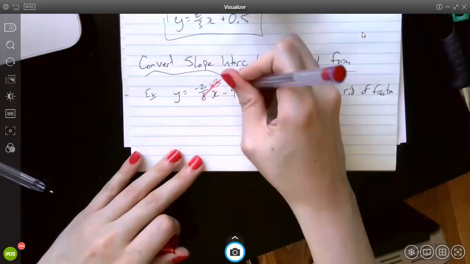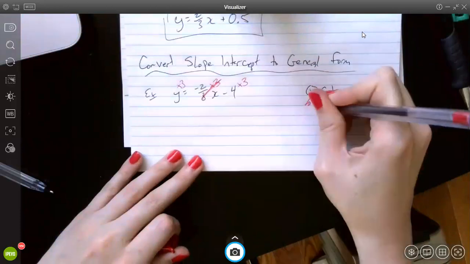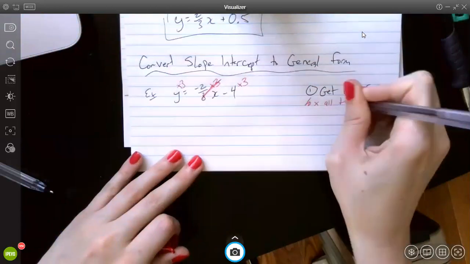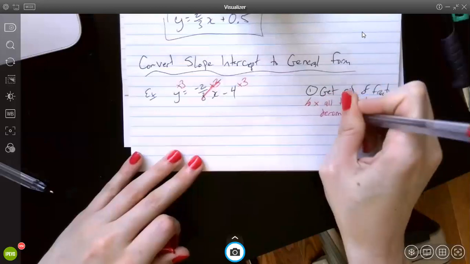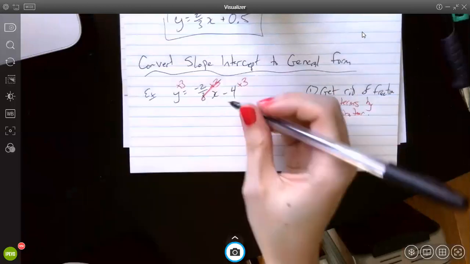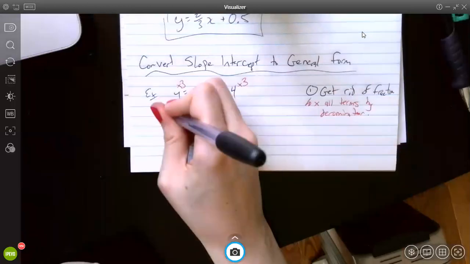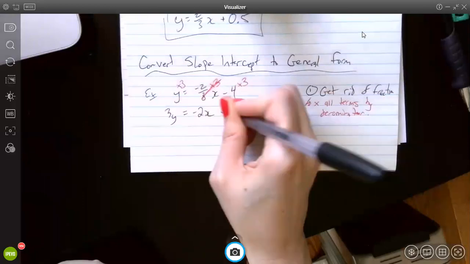So times 3 times 3. So when I'm doing that, I have to multiply all terms by the denominator. That leaves me with 3y equals negative 2x minus 12.